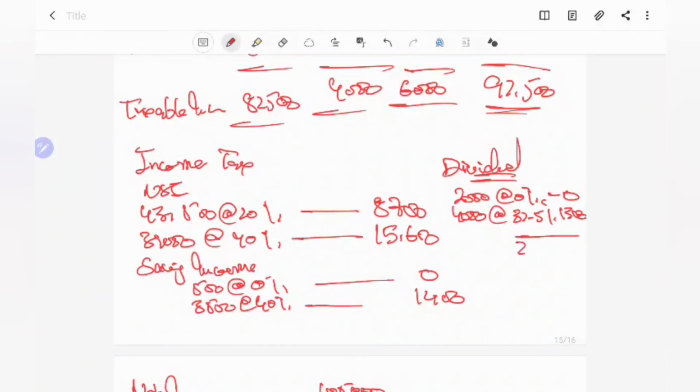So 27,000 is my income tax liability. And that's it with this jumbo example, right? And now after that, what we have to do: jointly owned assets.